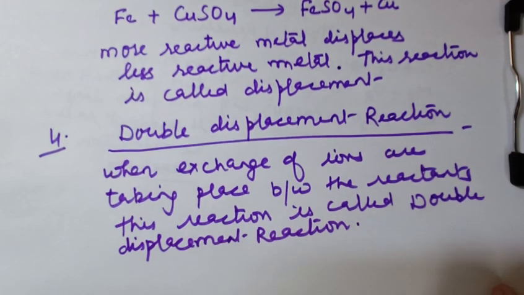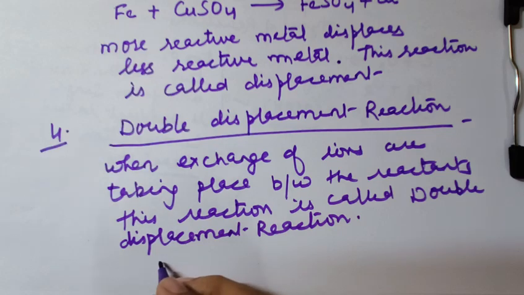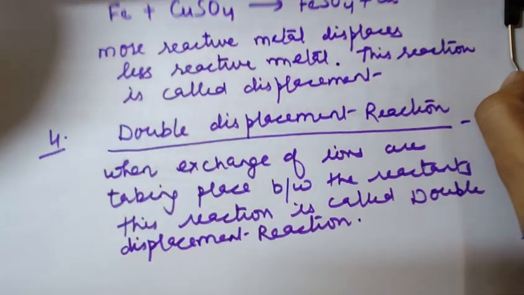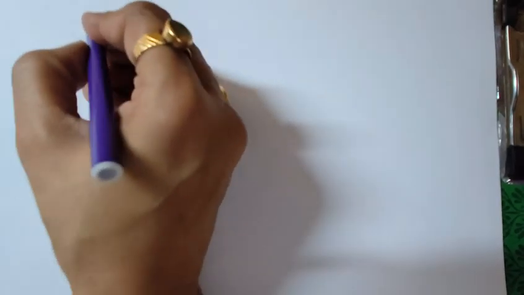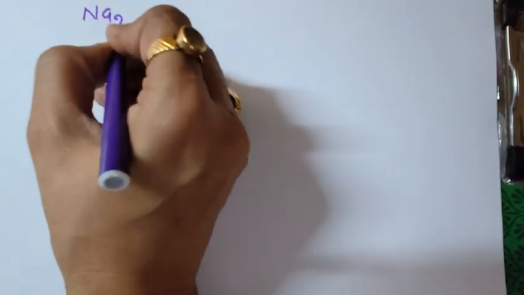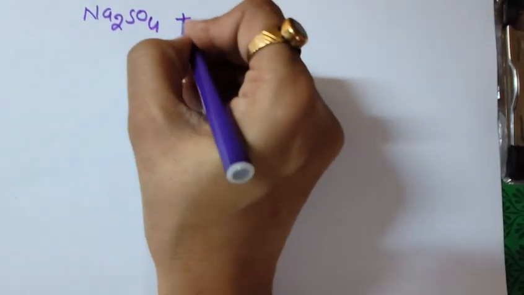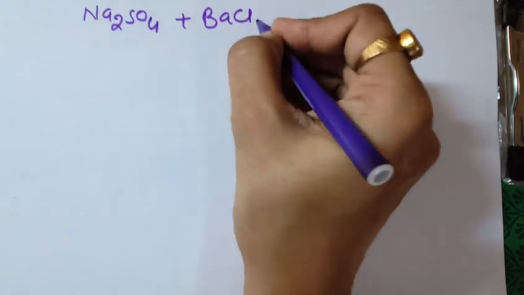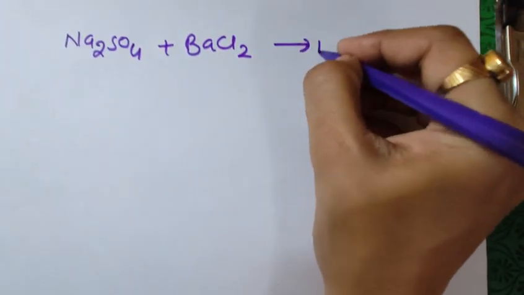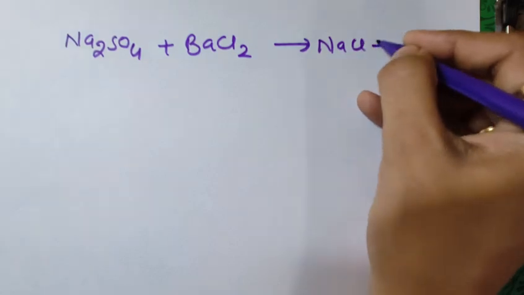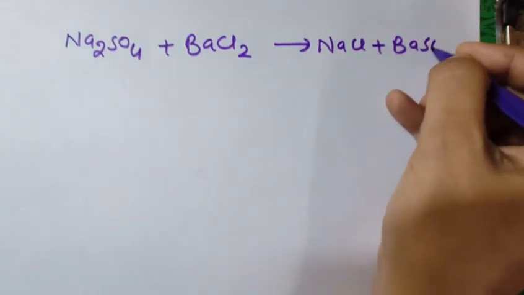Double displacement reaction. The example is, see, when sodium sulfate reacts with barium chloride, the products will be sodium chloride and barium sulfate.